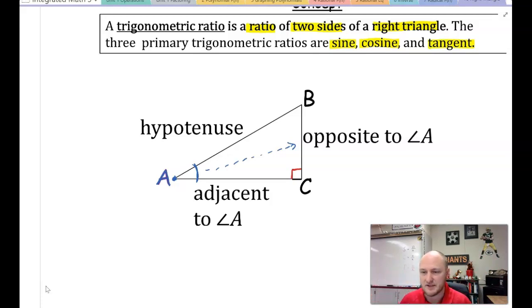That would be opposite. The other side, the side that's next to it, is called adjacent. And the side that's across from the right angle is always the hypotenuse. So that's how you determine what the sides are called.